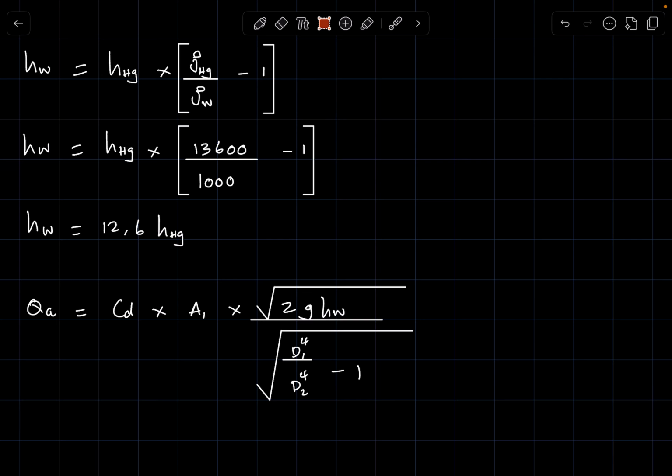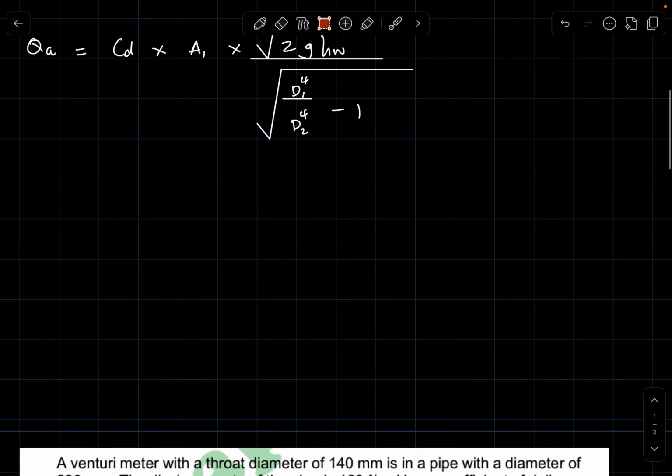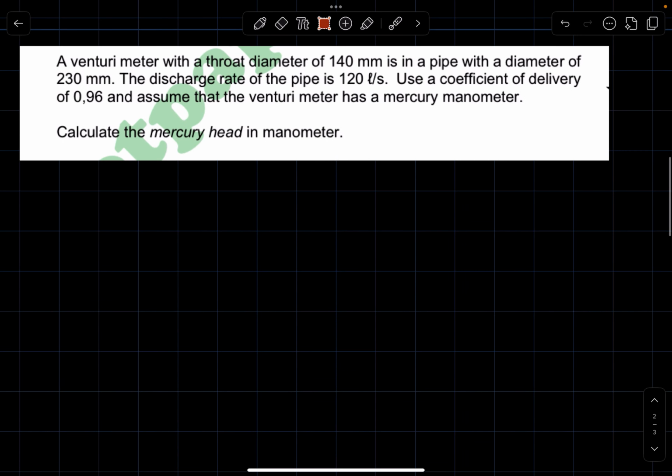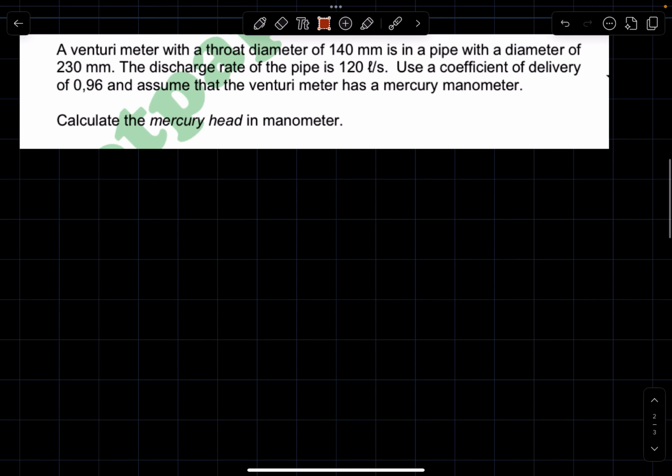Right, I just want us to look at an example of an exercise based on Venturi meters. It reads as follows: a Venturi meter with a throat diameter of 140 millimeters is in a pipe with a diameter of 230 millimeters.